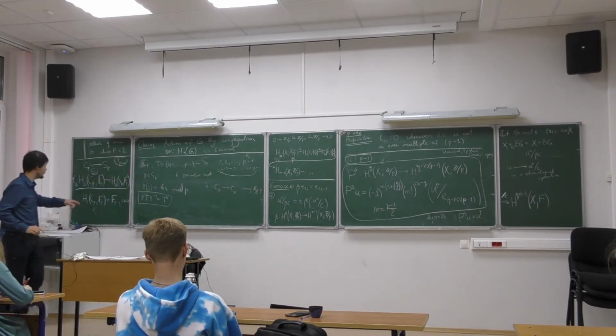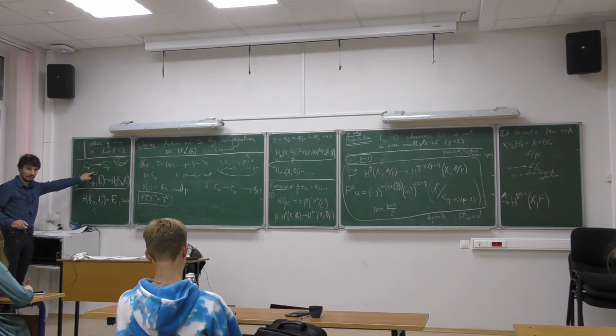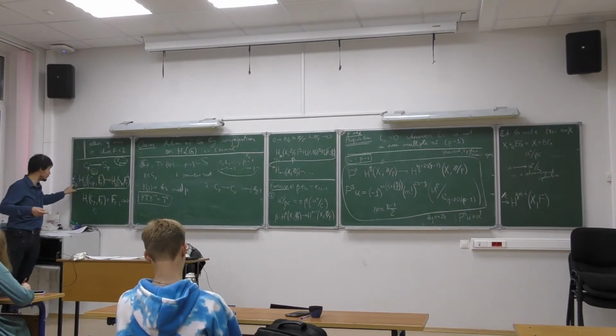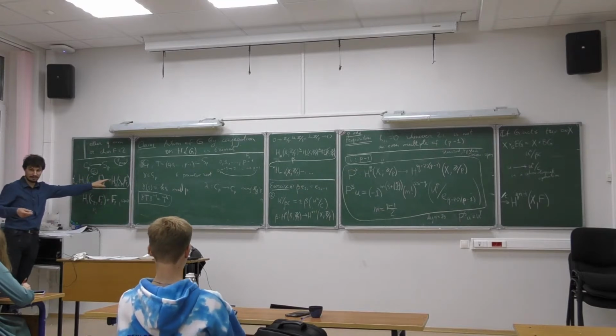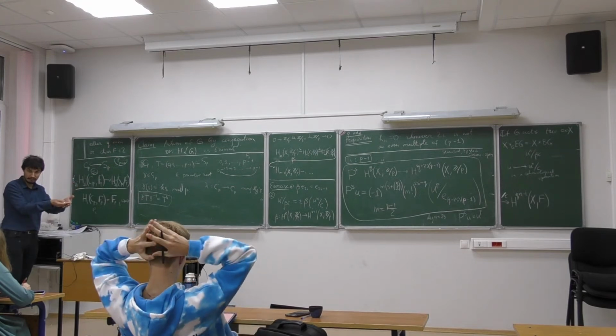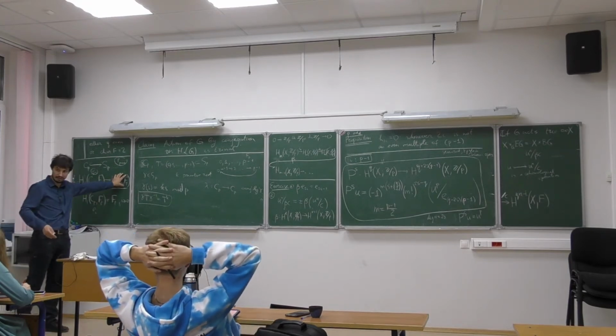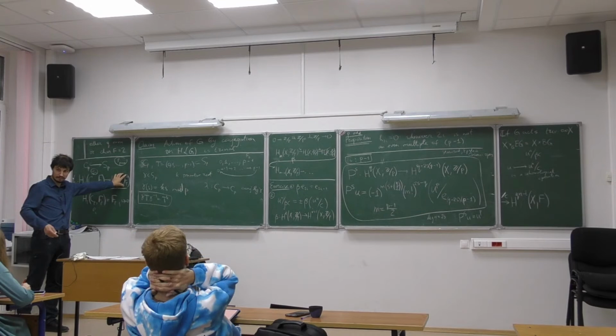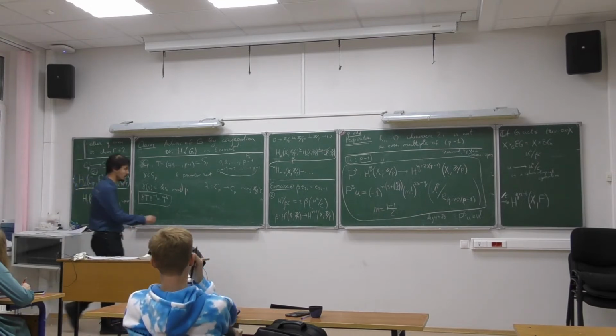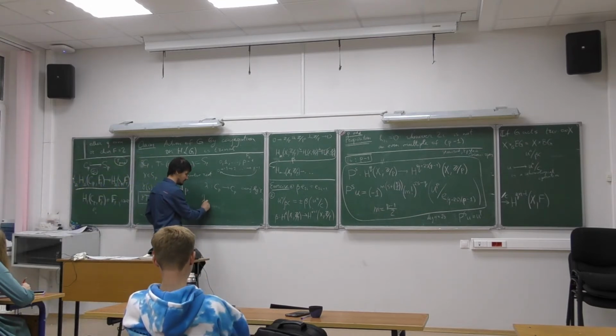If we act on this e_i by lambda and then apply h_i, or we apply h_i from the very beginning, the result is the same, since lambda acts here trivially. So we immediately see that lambda star of e_i minus e_i lies in the kernel of h_i.